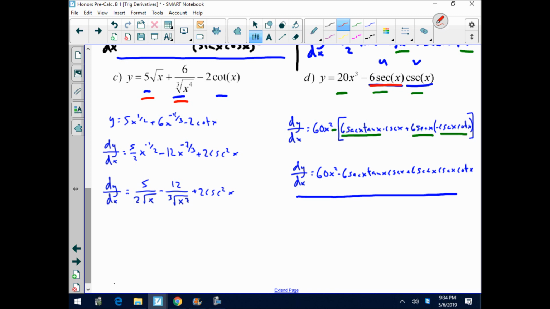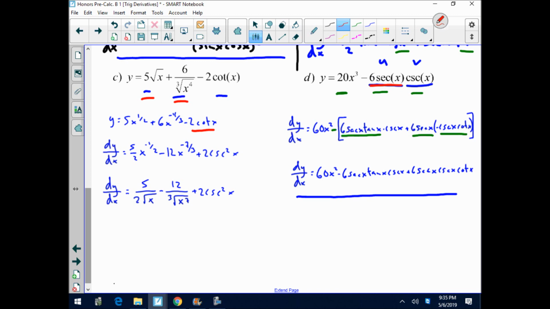We've got our derivative of 5x to the 1/2 as 5 halves x to the negative 1/2. The derivative of our 6x to the negative 4/3 as subtraction of 12x to the negative 7/3. And then right here, the derivative of our 2 cotan is 2 cosecant squared x. And of course, the derivative of cotan x is negative cosecant squared x.